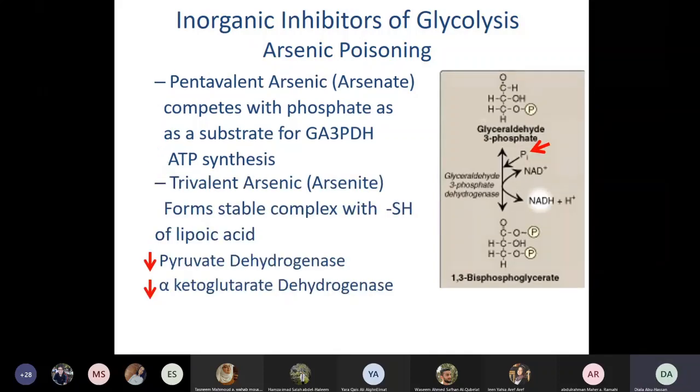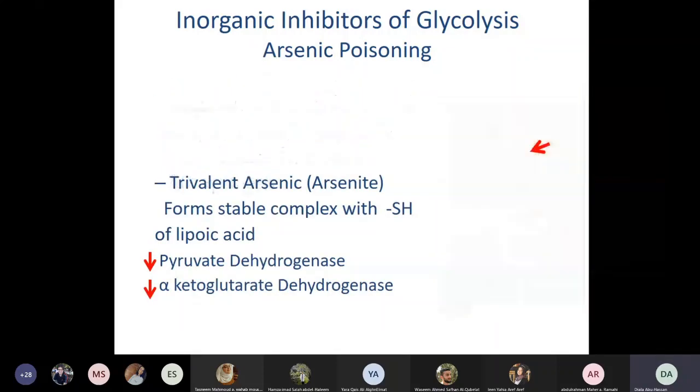Another form of arsenic is trivalent arsenic, or arsenite. This one forms a stable complex, which cannot be detached easily, with lipoic acid. Lipoic acid is the coenzyme needed for pyruvate dehydrogenase.